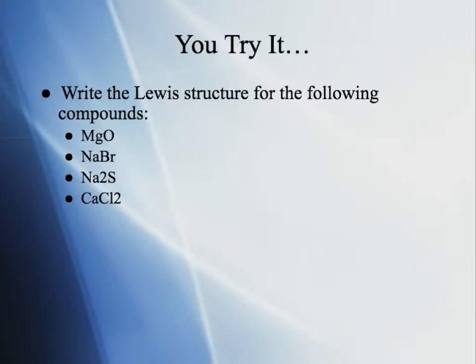So if we're going to do some examples of Lewis dot structures for ionic compounds, let's take a look at these 4. We'll start with magnesium oxide. We'll draw magnesium, and magnesium has 2 valence electrons. So we'll draw 2 dots around magnesium, and it's going to bond to oxygen, which has 6 dots: 1, 2, 3, 4, 5, 6.